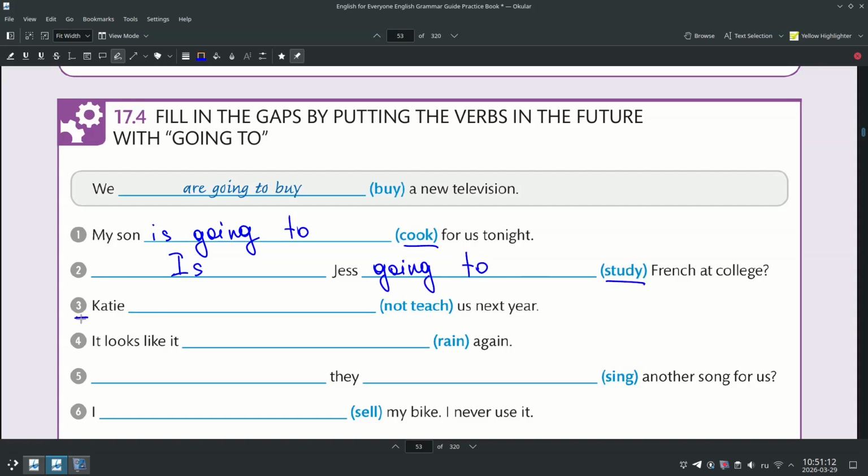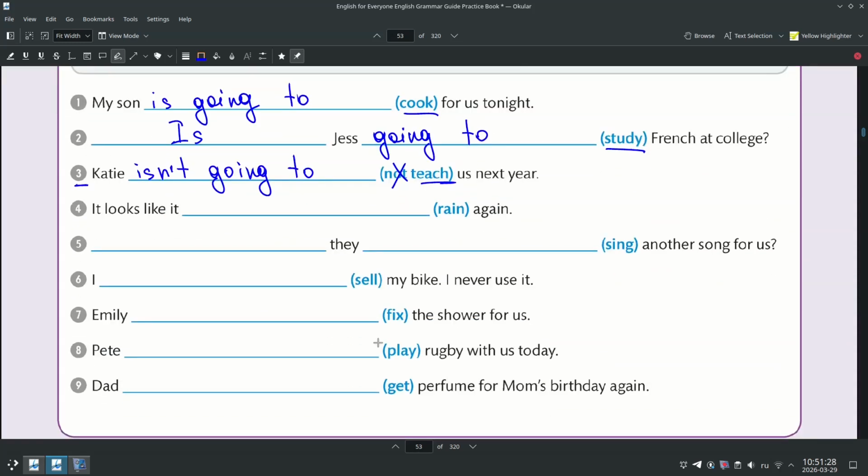Number 3. Katie not teach us next year. Katie isn't going to teach us next year. Number 4. It looks like it is going to rain again.